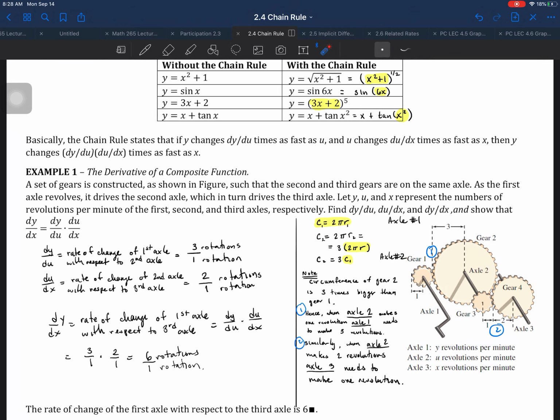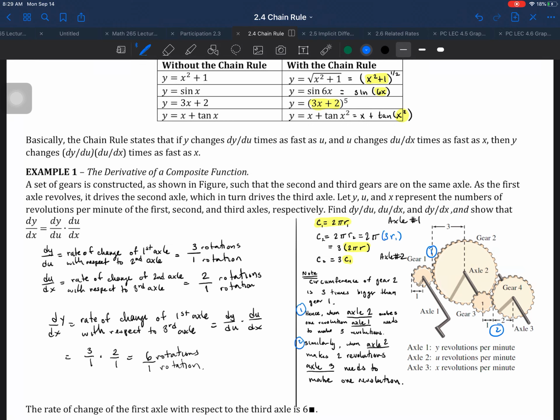So if I rewrite this radius in terms of that radius, this is 3 times the radius of the first one.